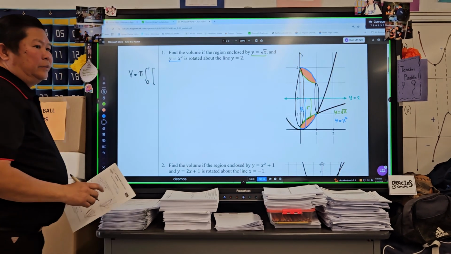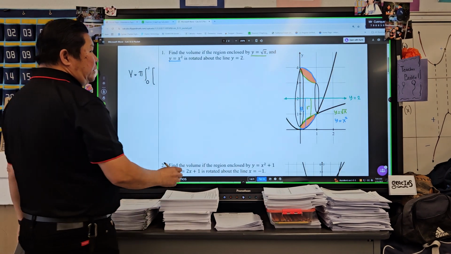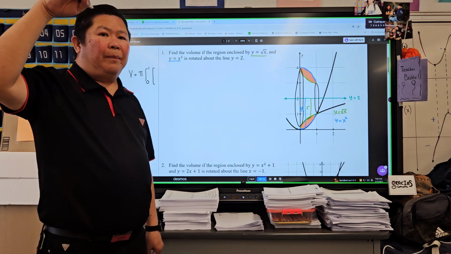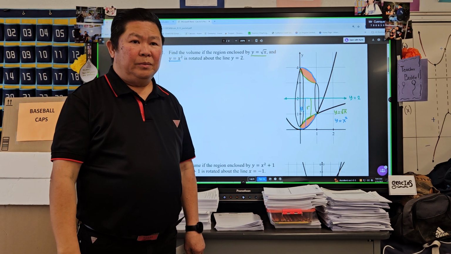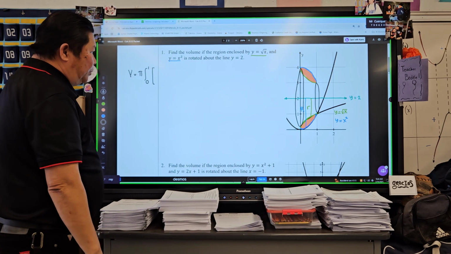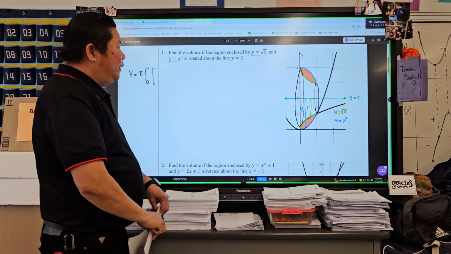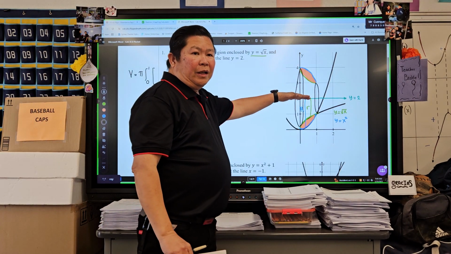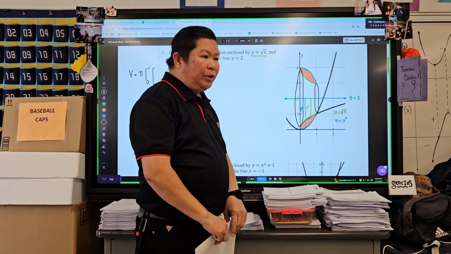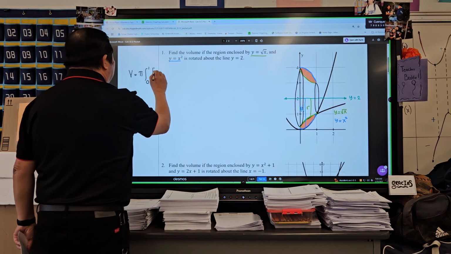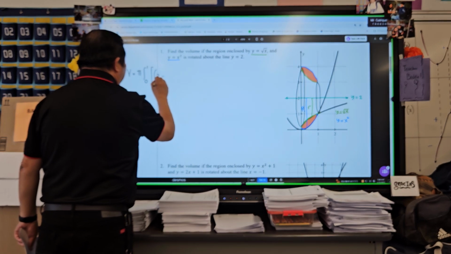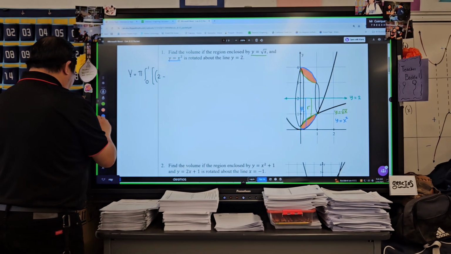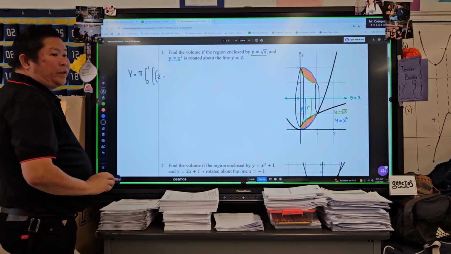And we're going to have the top minus the bottom. For blue, what's the top function? It is the line y equals 2. So how do we write it now? This becomes 2 minus, and I'll do color coding for you to understand.